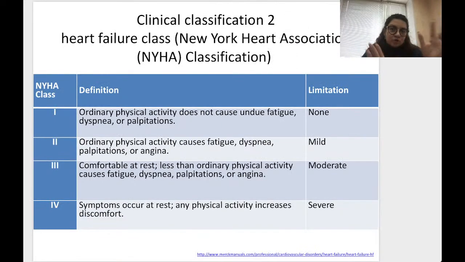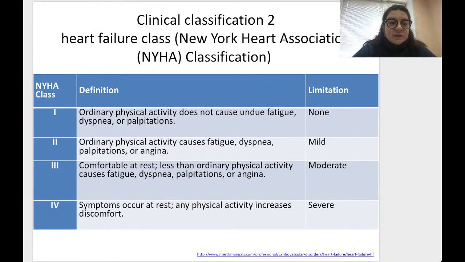And maybe the most usable classification in the whole world is the classification of the New York Heart Association by the functional classes of heart failure. There are 4 functional classes according to severity of heart failure.